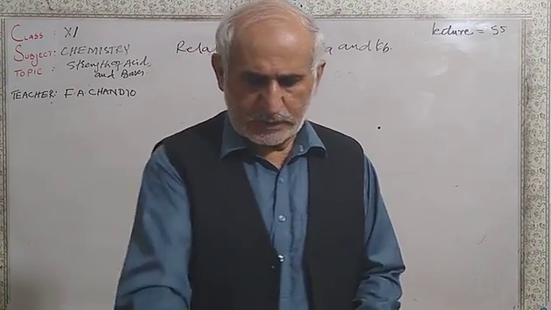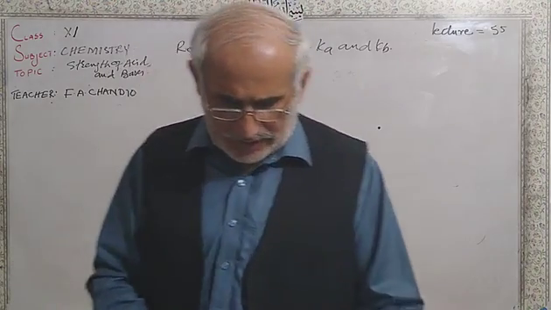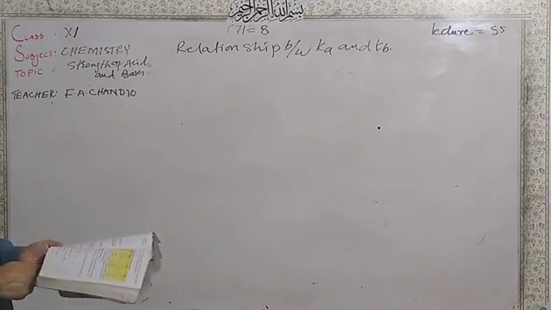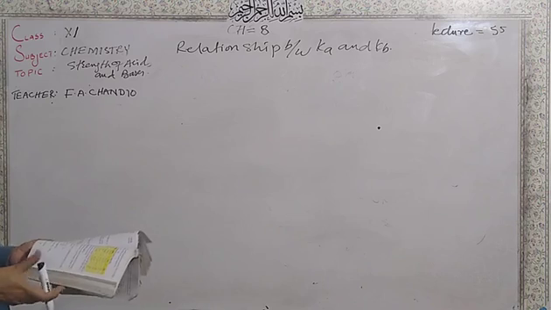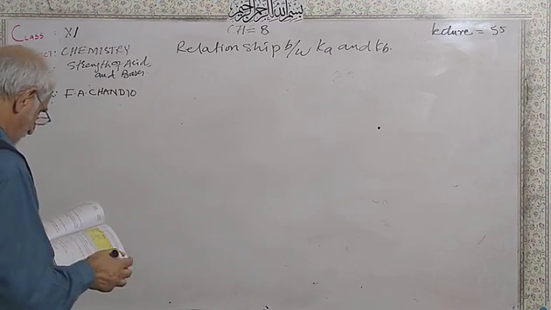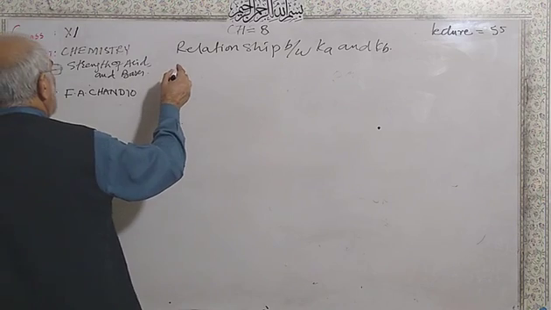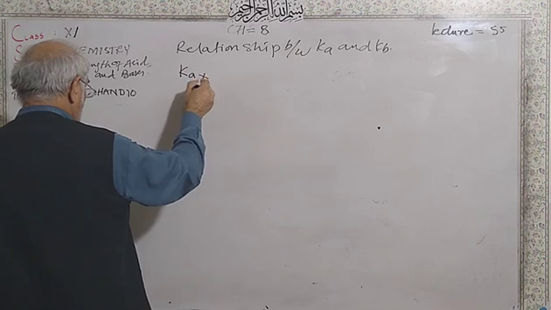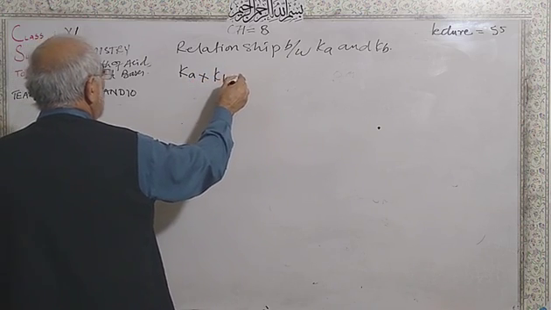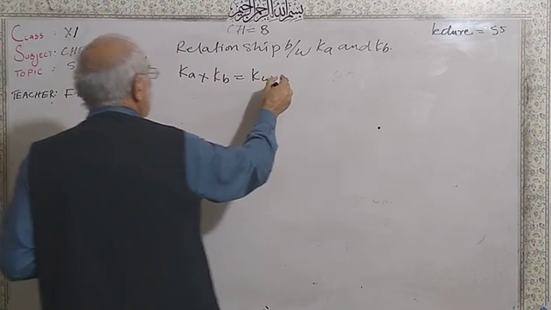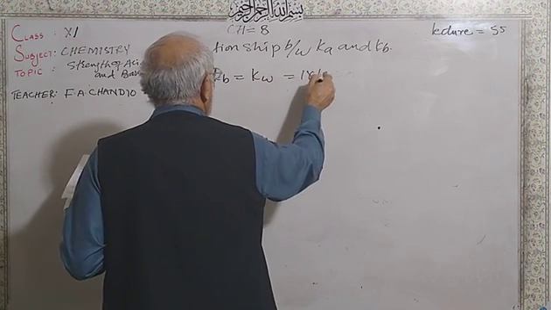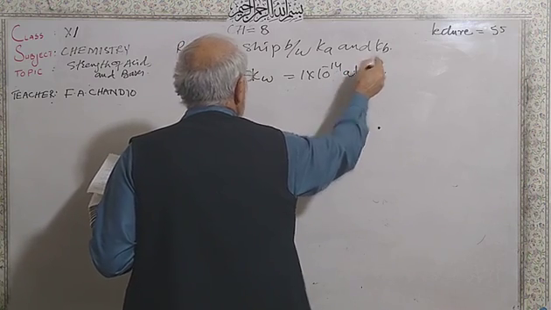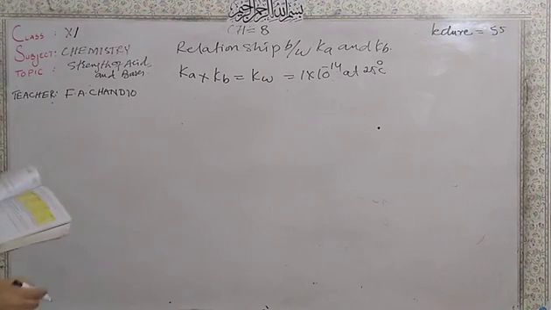We know that Ka is the hydrogen ion constant for the acids, and Kb is the hydroxyl ion constant for the bases. So we have to prove that Ka multiplied by Kb is equal to Kw, which is 1 into 10 to the power minus 14 at 25 degrees Celsius.